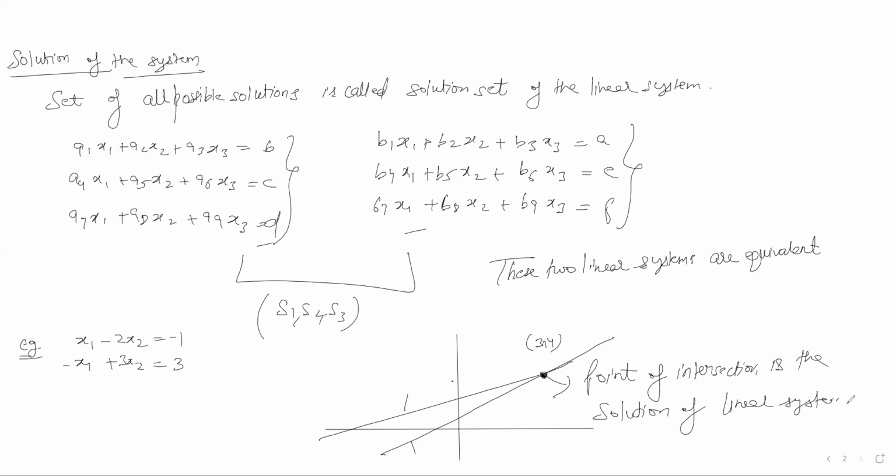Okay. So this is the graphical method to solve linear equations. So here you can see there is one point. If there is only one point of intersection, we call it exactly one solution.